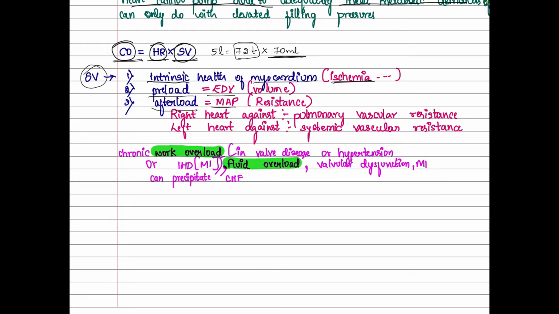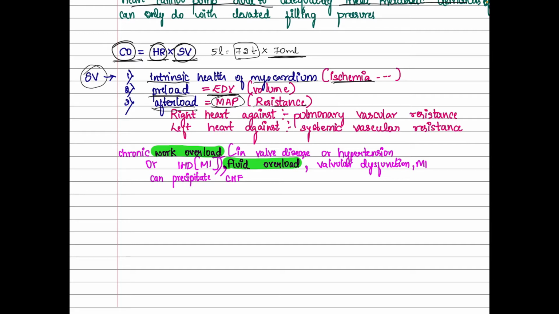It also depends on preload, that is end diastolic volume, the volume in the ventricles, and on afterload, that is the resistance, which is the mean arterial pressure. This has to be overcome during systole.